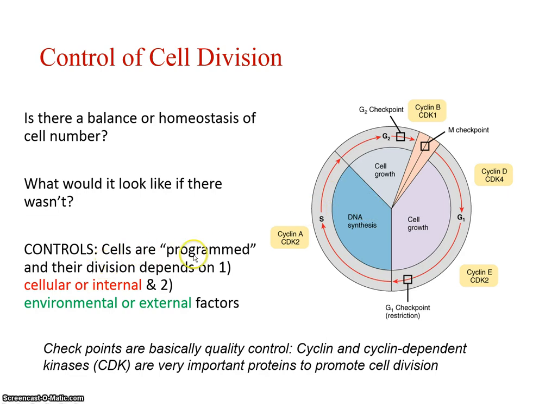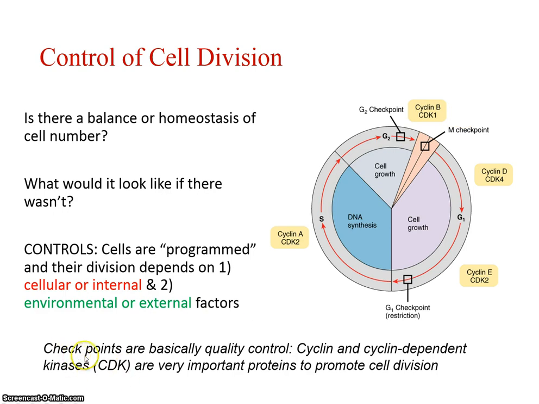So these cells are programmed. Yes, this is in their genes. When we say program, we mean that there's a genetic code. So cells contain in their genes the ability to make chemicals that help the cell decide. So internal and external factors. Something from the outside, like a hormone, as I said, growth hormone, or something from the inside, like a protein known as cyclin B or CDK.